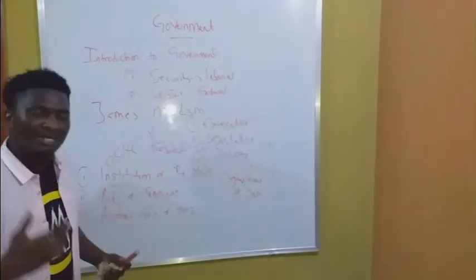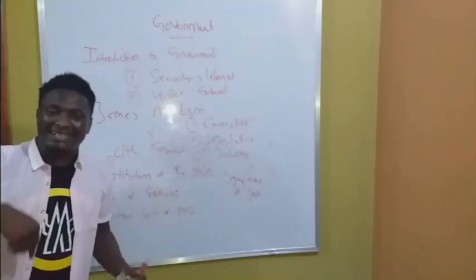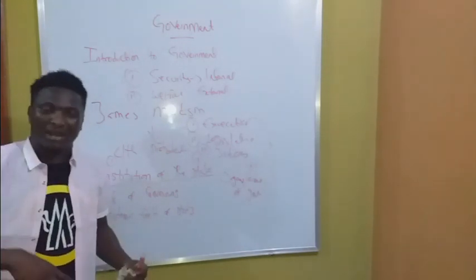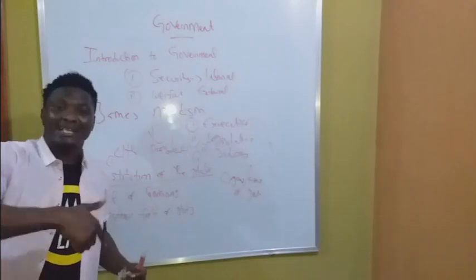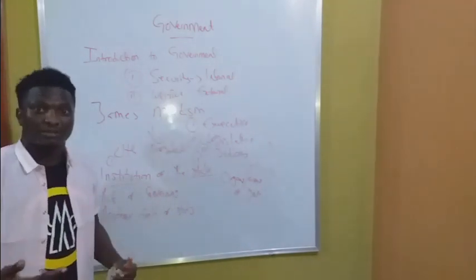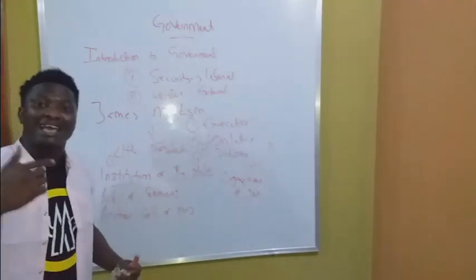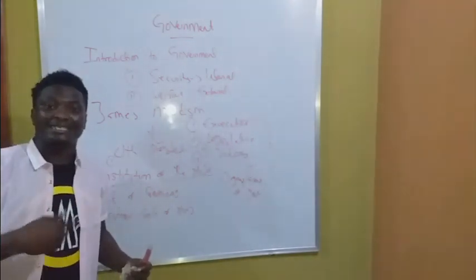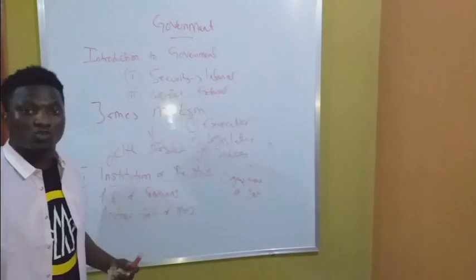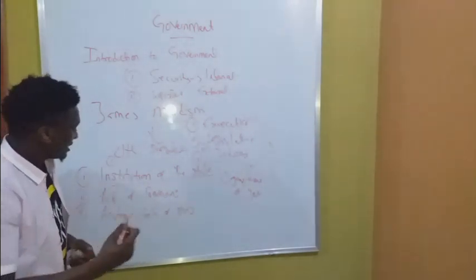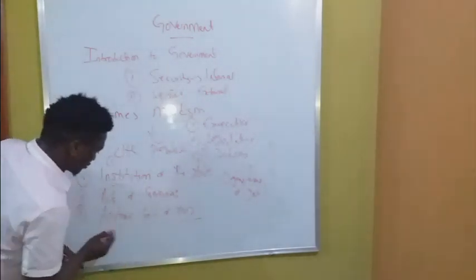Government as an act of governing simply means government is vested with the supreme power of a state. And the powers of government are enshrined in the Constitution. Do not forget, the powers of government at every time, especially if it's a democratic state, is enshrined in the Constitution. Because of time, let us look at the last one.